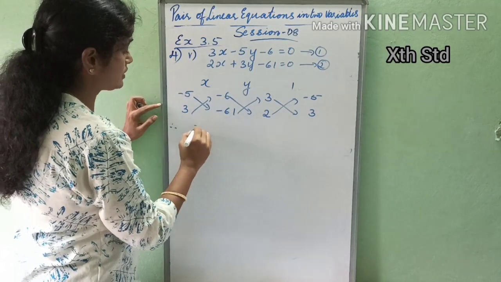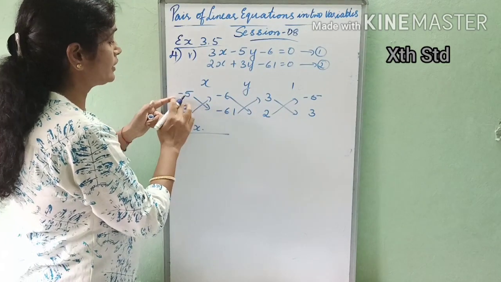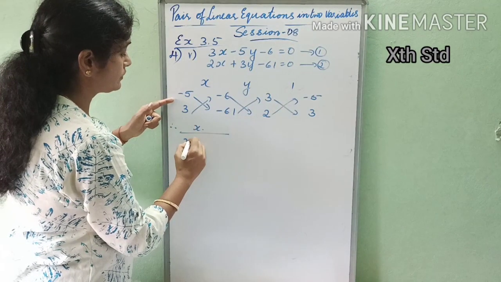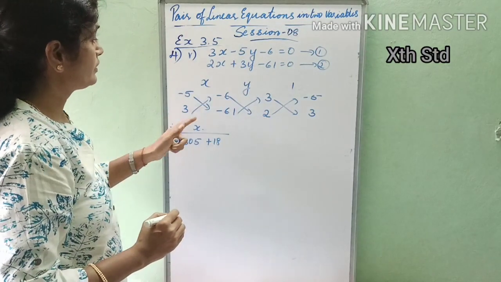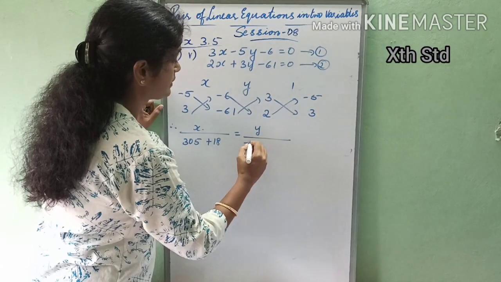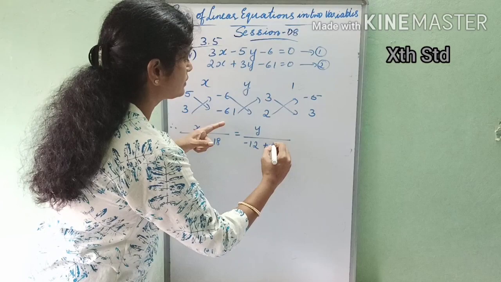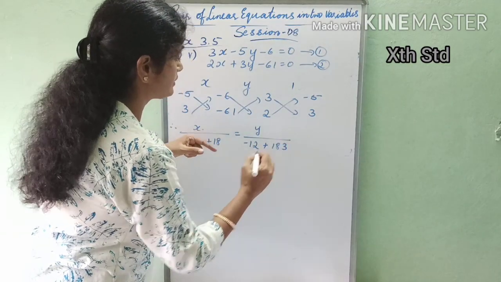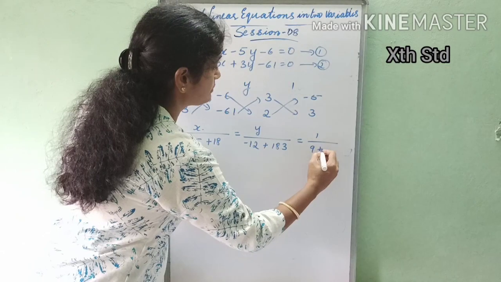Now simplifying them, x upon this is 61 into 5, that is plus 305 plus 18, equal to y by minus 12 plus 183, equal to 1 by 9 plus 10.